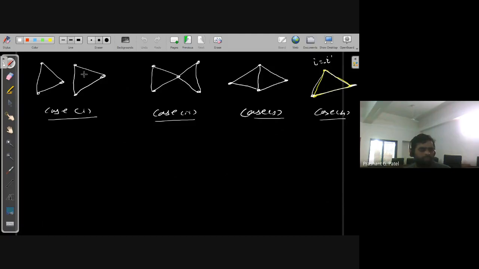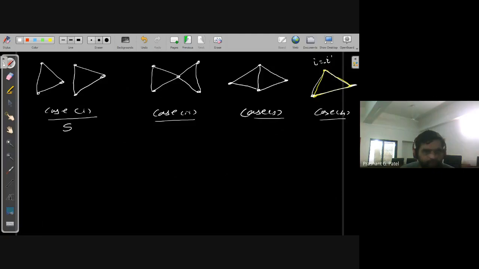It may have two different triangles. It may have one common vertex. It may have two common vertices. It may have three common vertices. Is there any other case left? Here no common vertex, here one common vertex, here two common vertices, here all three vertices common. So these four cases are there.